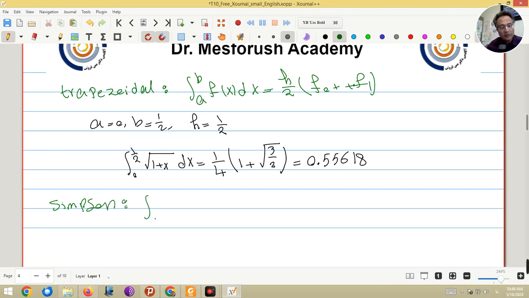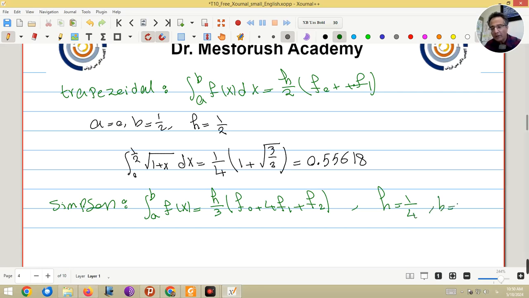The Simpson formula was in this form: the integral from a to b of f(x) is equal to h over 3 times (f0 plus 4 f1 plus f2), where h is 1 over 4, b is equal to half, and a equal to 0.